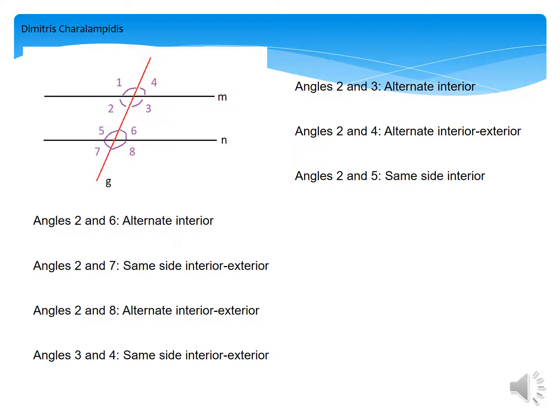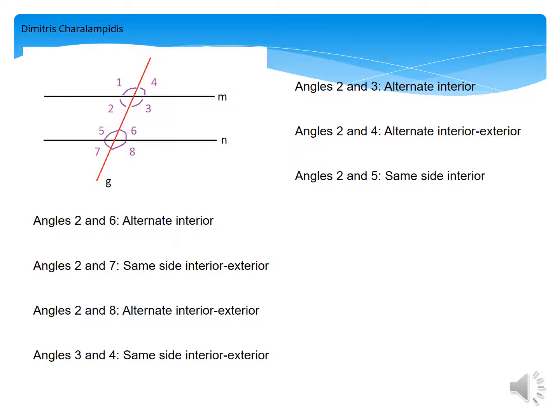They are same side angles because they are both placed at the left of line G, and they are interior since both of them are between lines M and N. Angles 2 and 6. They are alternate because they are on different sides regarding line G, and interior because they are both between lines M and N.